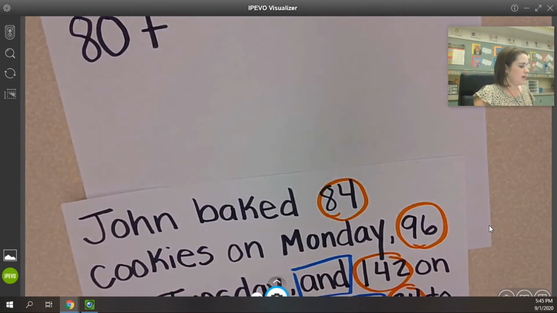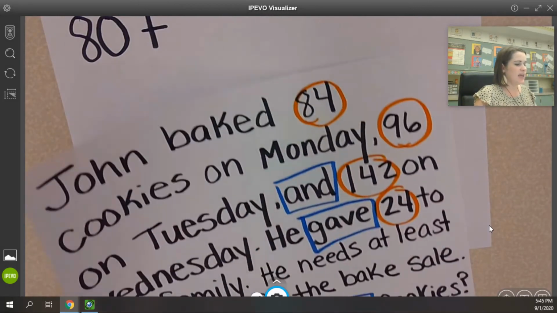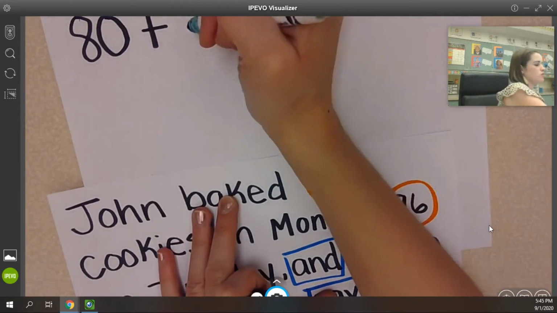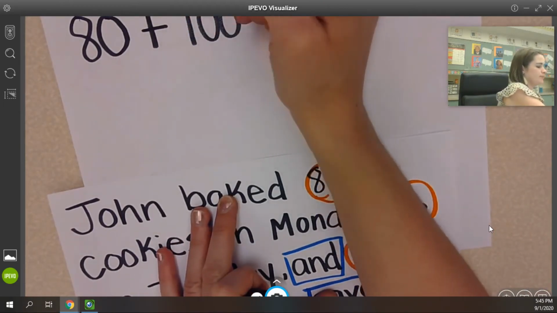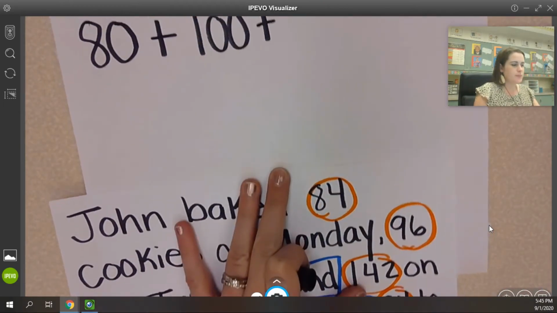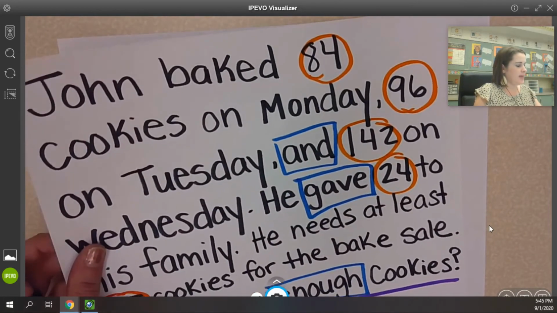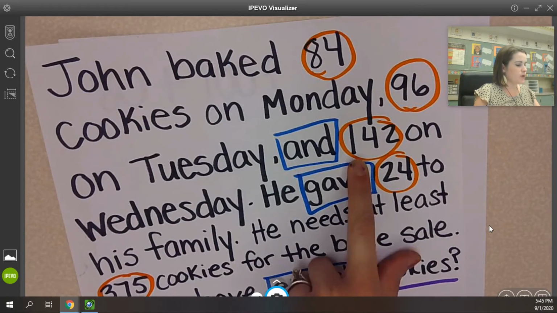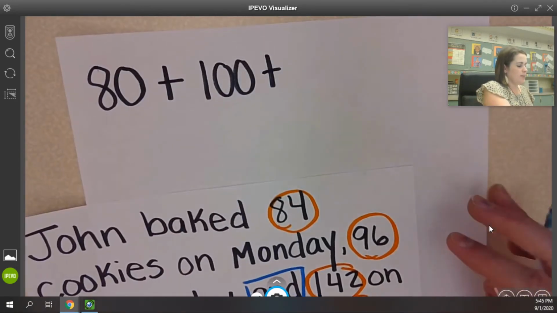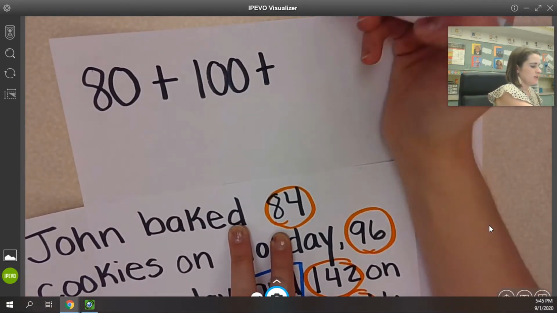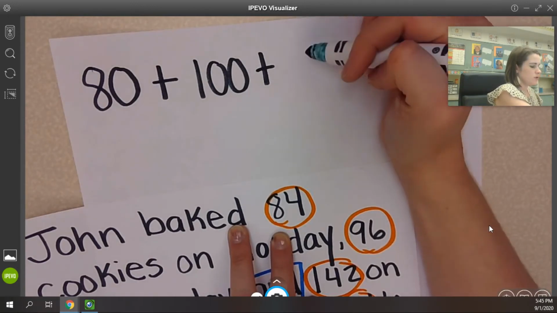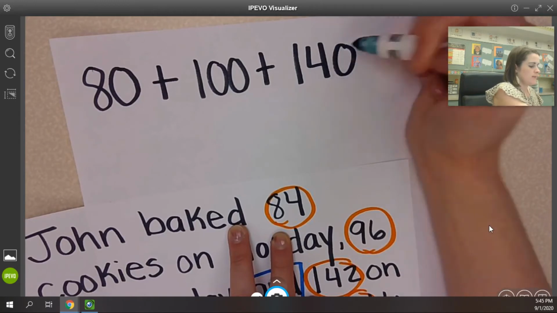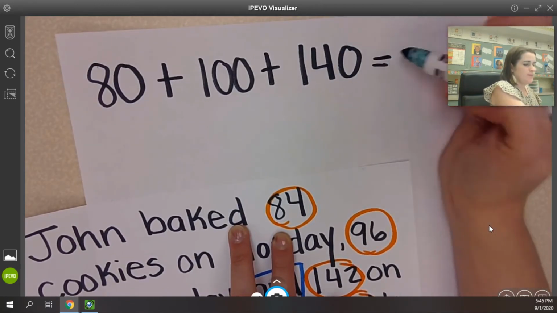Plus, 96 would round up to 100. Okay. And then 142, so I might round that to something close. I was using close estimation and round it to 140.